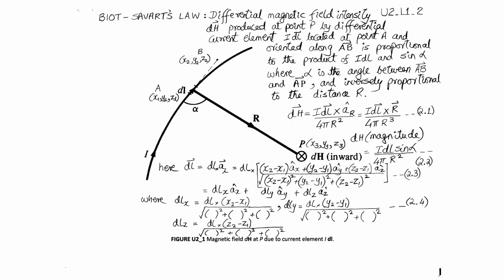Similarly, dly is given by dl magnitude into y2 minus y1 divided by the same magnitude, and finally dlz is given by dl into z2 minus z1 divided by the same magnitude. So with this we have obtained what the vector dl is, and of course Idl will be I multiplied by all these things.